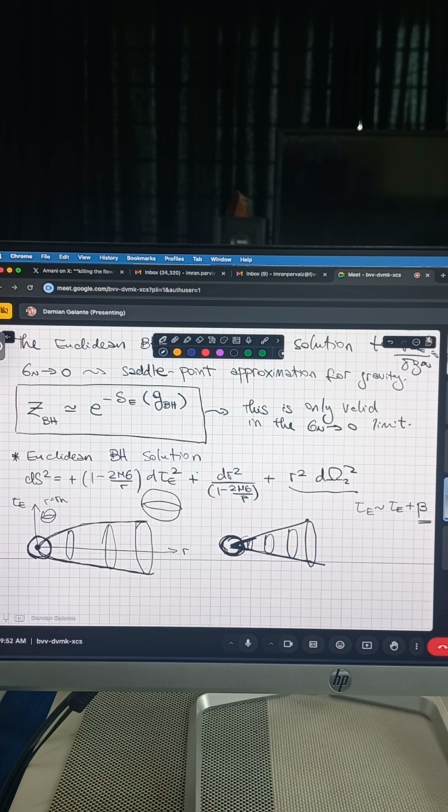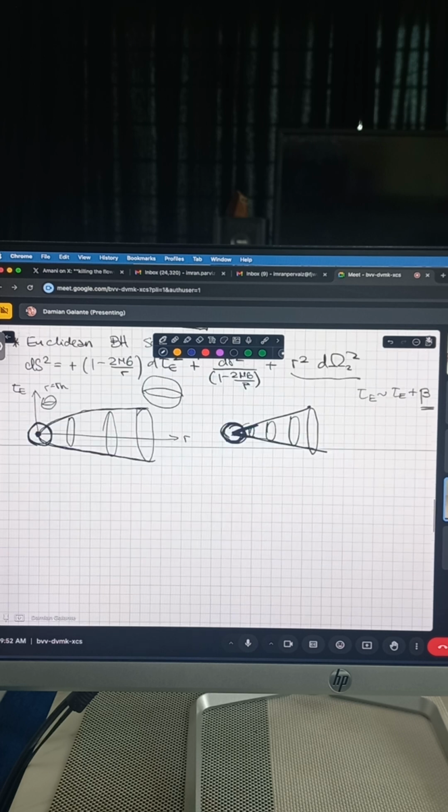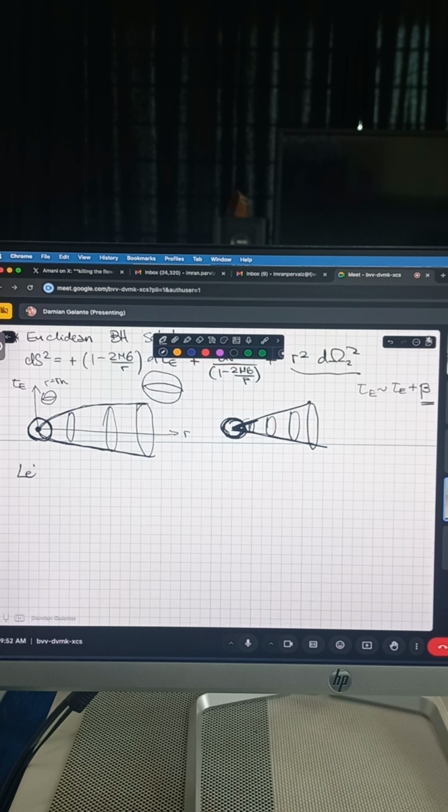Okay, so let me try to do that. So now let's consider this metric. Let's look at this metric very close to r equals 2MG.